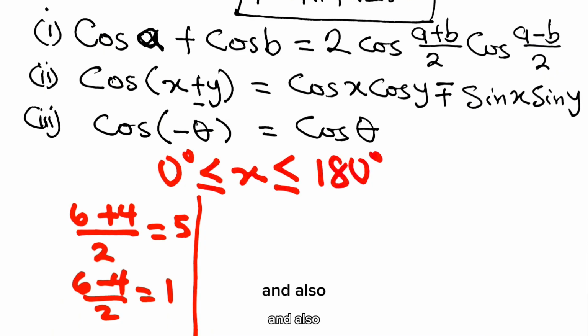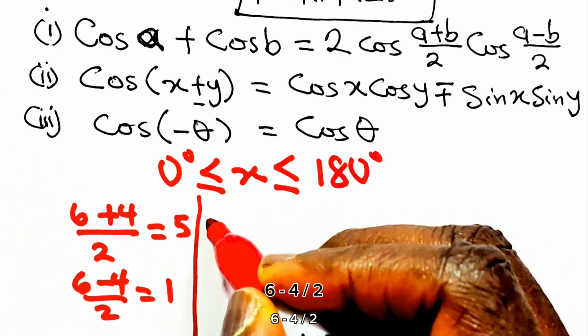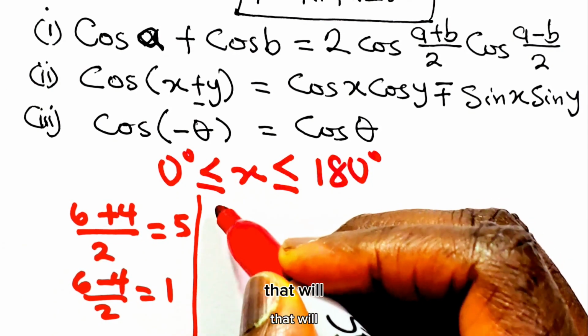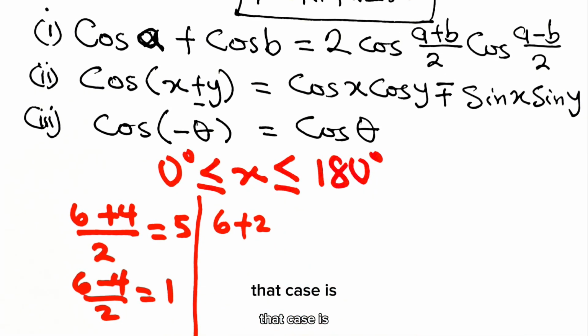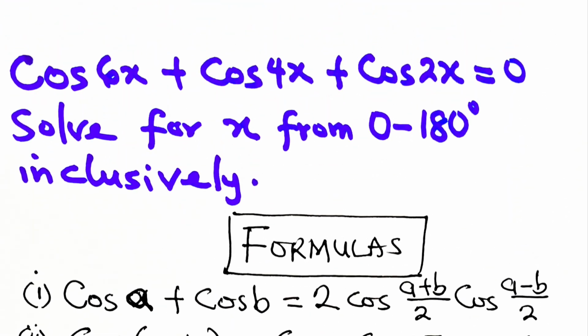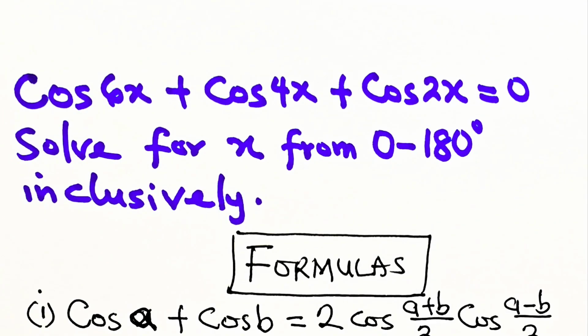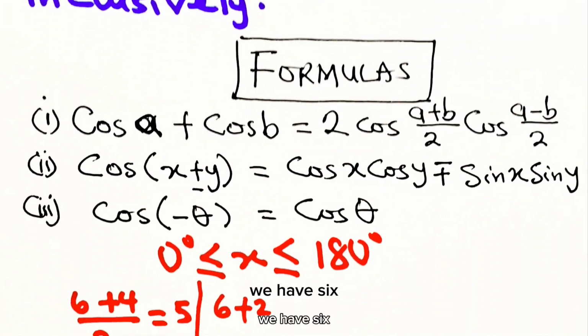That is the first case. Another case is 6 plus 2. I'm picking from the coefficients of x that we have: 6, 4, and 2. Now, I'm just trying trial and error, but it's not really trial and error.